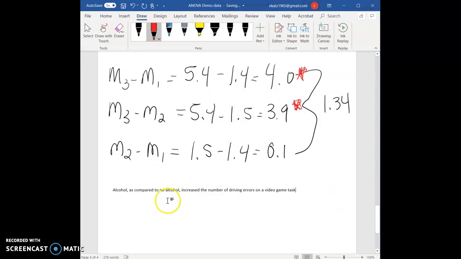So we could even make this easier and just say that alcohol increased the number of driving errors on a video game task as compared to no alcohol.